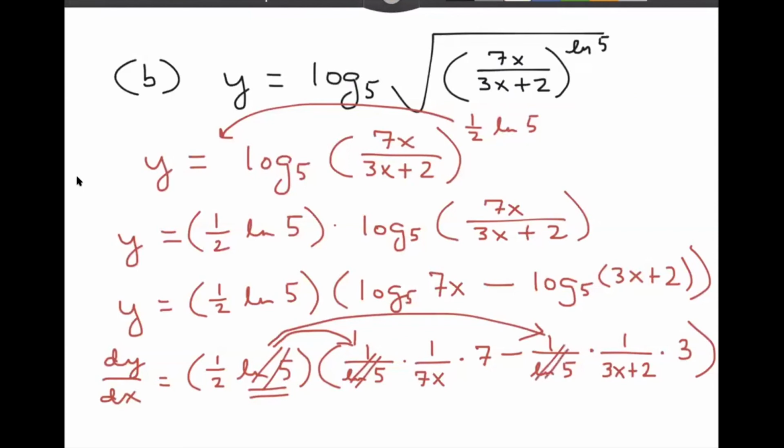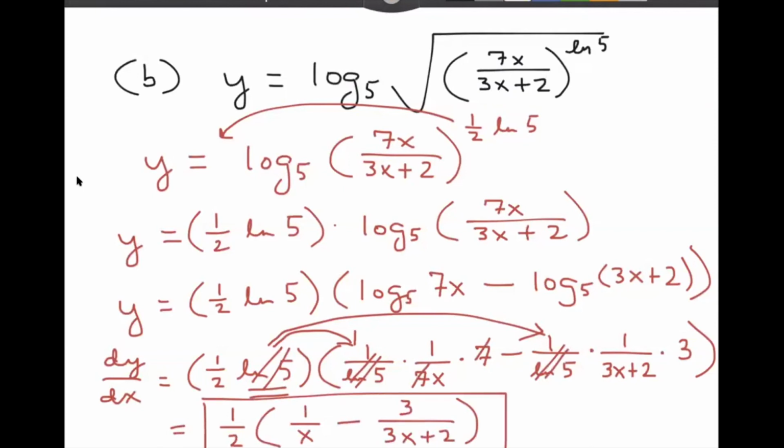All right, while we're at it, we can get rid of these 7s, but we cannot get rid of the 3s, unfortunately, right? So we are left with 1/2 times 1 over x minus 3 over 3x plus 2. And that's exactly how I would write it.